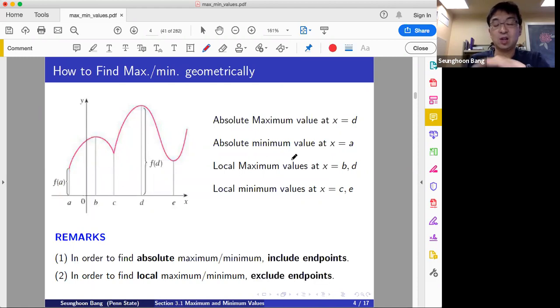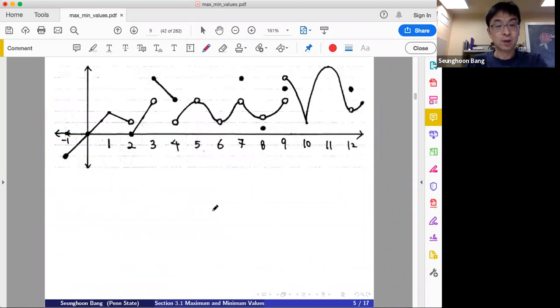We don't include endpoints when finding local maximum and local minimum. So be really careful with this kind of thing. Here, we think about the absolute maximum and the absolute minimum at x values.